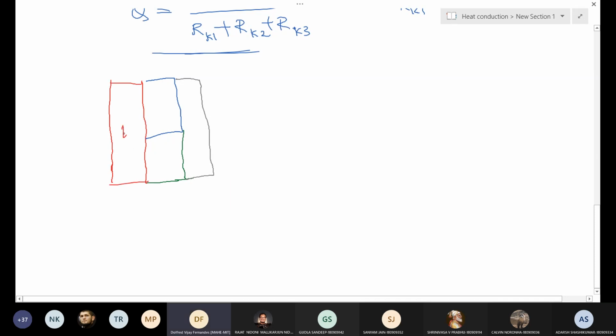This wall has thermal conductivity K1, this has K2, this is K3, and this is K4.